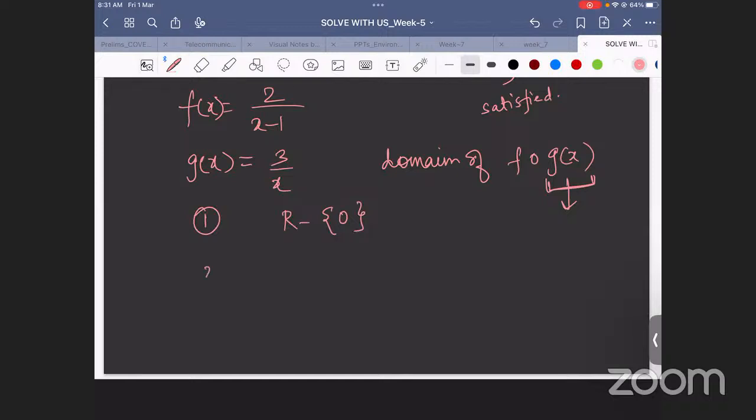Now the second step: your function f(x) is not defined at x equals 1, right?